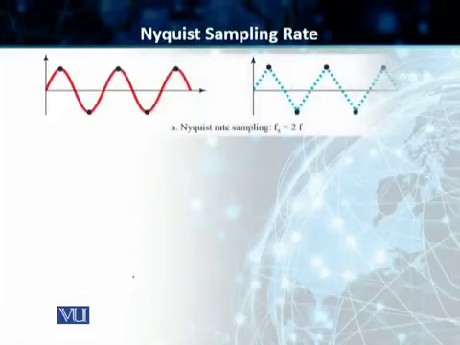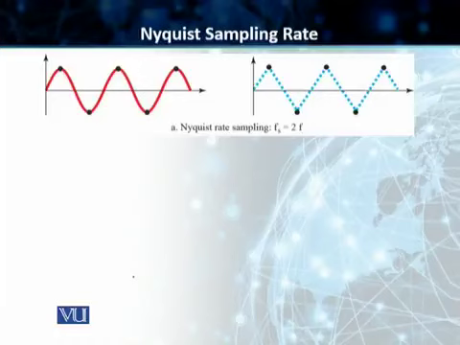Students, in our first image, you can see that we are sampling at the Nyquist rate. The frequency of sampling is Fs equal to 2f, where f is the highest frequency of our analog signal.